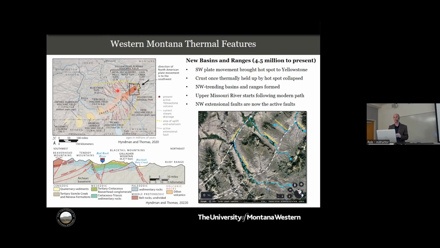If it ruptures, as did the Hebgen Lake, Quake Lake earthquake in 1959 at 7.5 magnitude, Lord help the people of Butte, Montana. I won't go into the details because it's being recorded and I'll get into trouble. But it's not a good situation. And that's true of all of Western Montana.